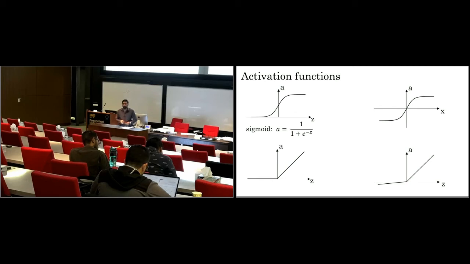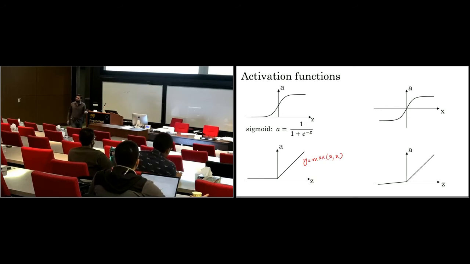So basically you can write it as the maximum of 0 and x. If x is greater than 0, you just get x, and if x is less than 0, you get 0.